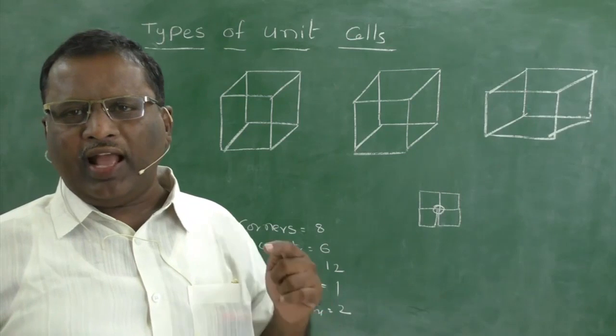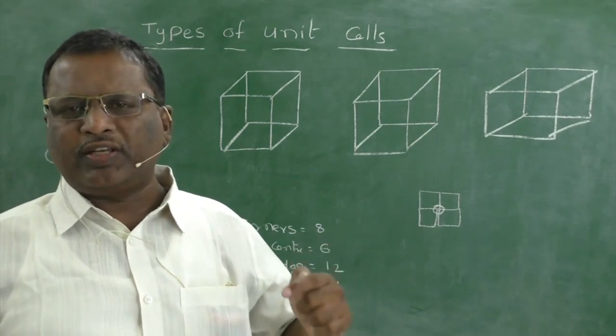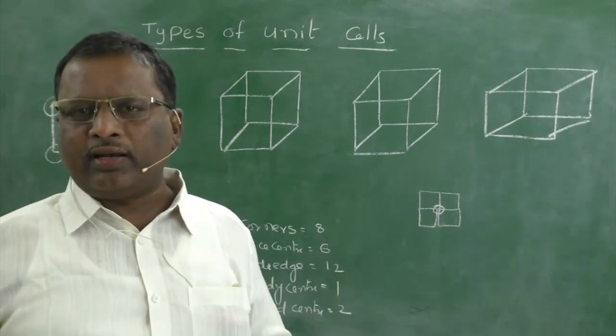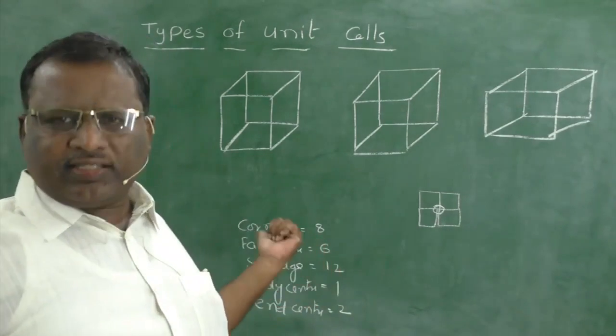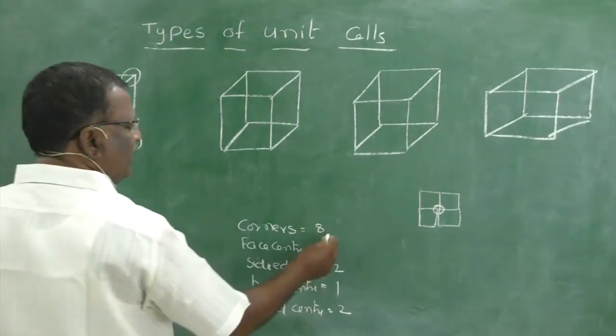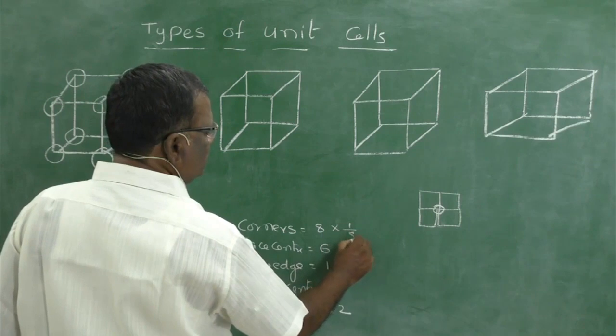Corner atom, the atom which is present at the corner, or the constituent point which is present at the corner, was shared by 8 unit cells. So only 1/8 of it belongs to this unit cell. కాబట్టి 8 కార్నర్స్ ఉంటాయి. 8 కార్నర్స్లో కూడా మనకు ఒక్కొక్కటి 1/8 కంట్రిబ్యూట్ చేస్తుంది.